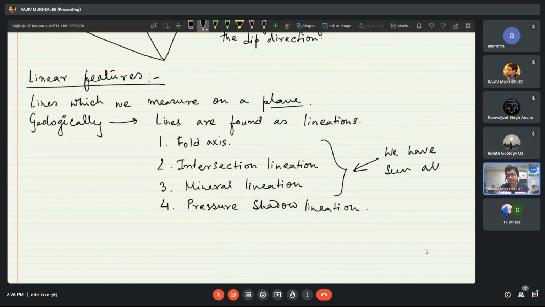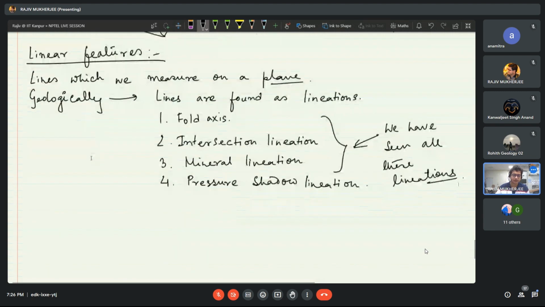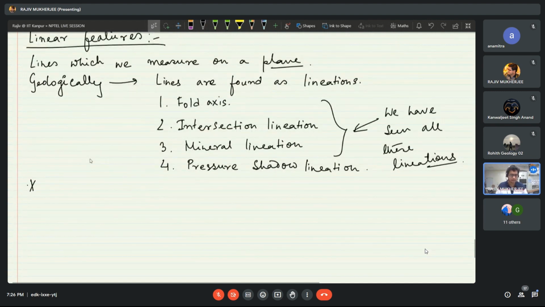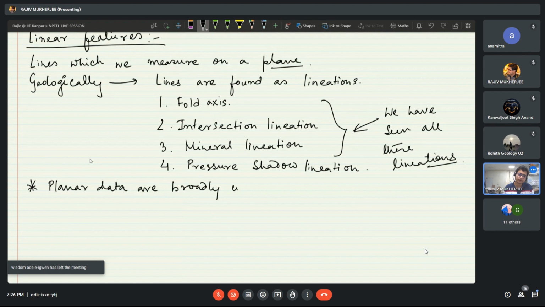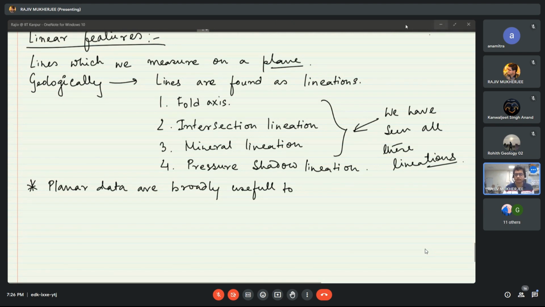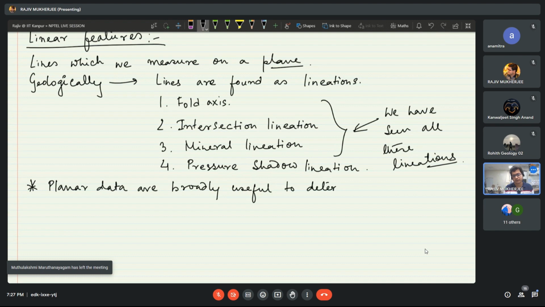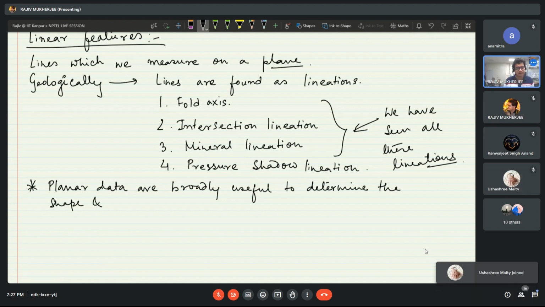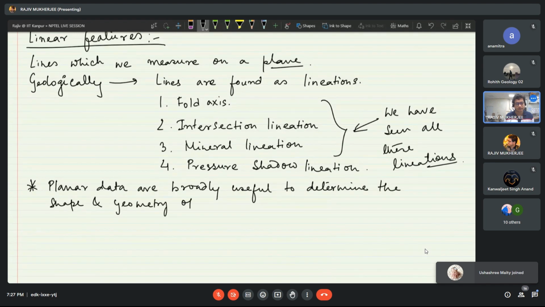beautiful lineations, right? So once again, I am making it clear that planar data are broadly useful to determine the shape and geometry of the structures, right?